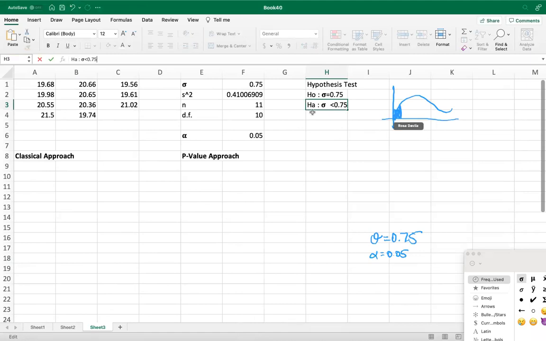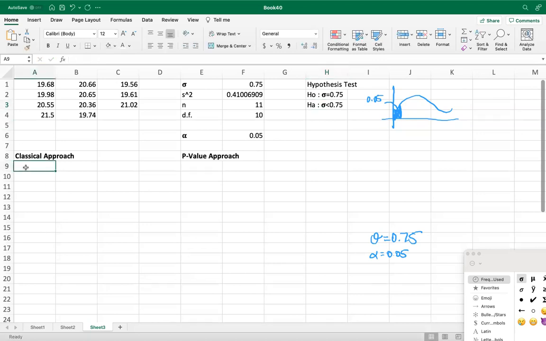So we have this area here, and because alpha is equal to 0.05, this area is equal to 0.05. So classical approach is we're going to find our chi-squared value, and that's going to be the value right here.